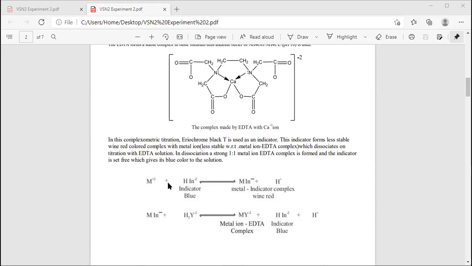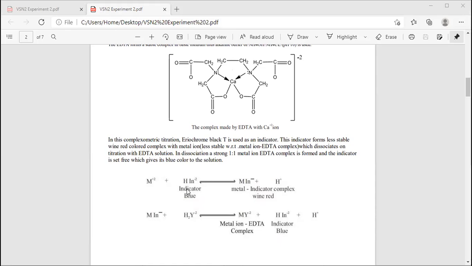What is Eriochrome Black T here? It is an indicator. When you add indicator to the water containing metal ion, both Ca and Mg cause the hardness, so they have +2 charge. I have shown metal ion here by M+2. The indicator immediately reacts with M+2 ion to form complexes.